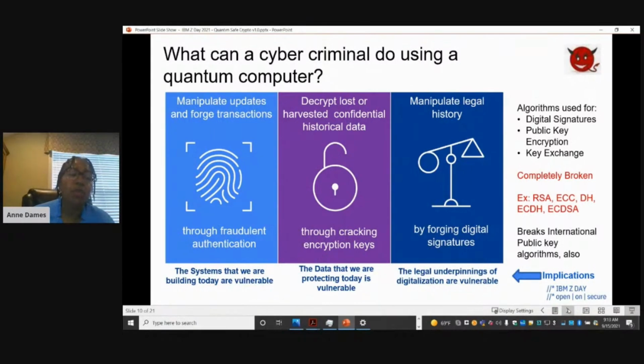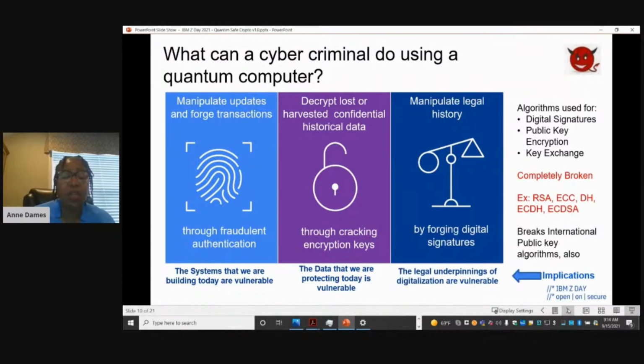One area is an adversary can really manipulate updates and forge transactions through fraudulent authentication. That is a problem. The systems that we are building today are vulnerable. Also, it's possible to decrypt lost or harvested confidential historical data through cracking encryption keys.